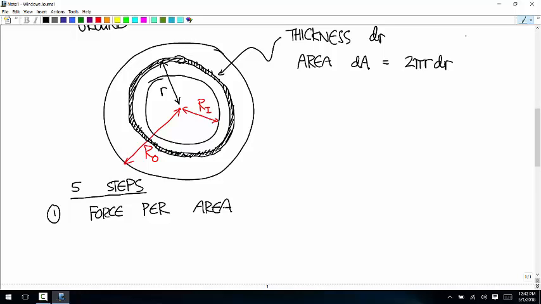Then once we have the force per area, we're going to calculate the force on that infinitesimal ring. This is the normal force per area. So those are going to be related to that force P that's pushing these two things together.